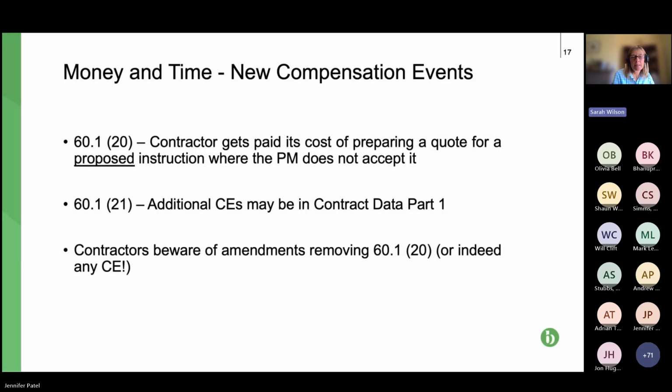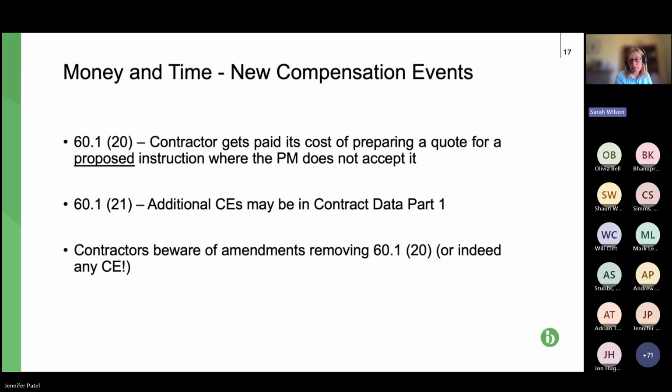Couple of new compensation events. Please don't get too excited about them because they're not significant. The first one, 60.120, contractor gets paid for its cost of preparing a quote. So that's always going to be fairly limited in monetary terms. So the cost of preparing a quote where a proposed instruction has been requested and the PM doesn't accept it.